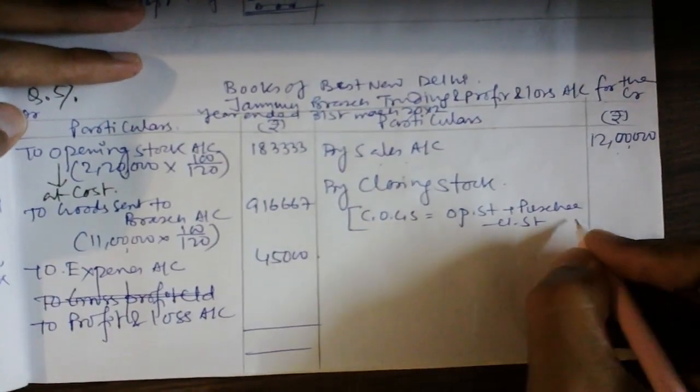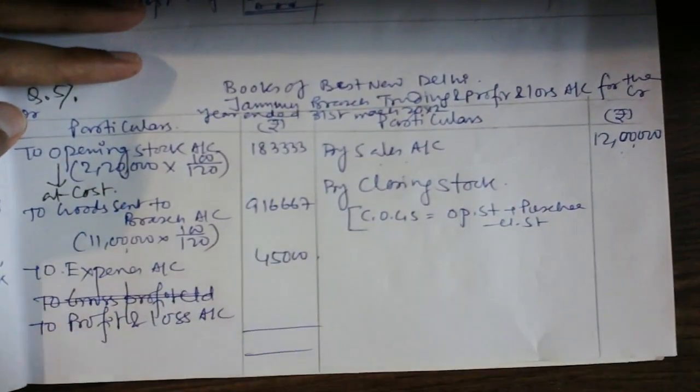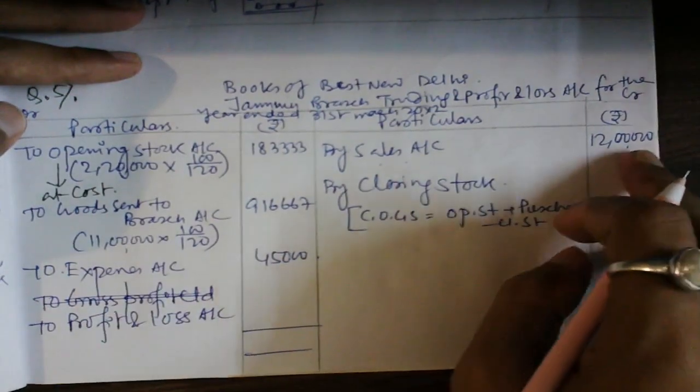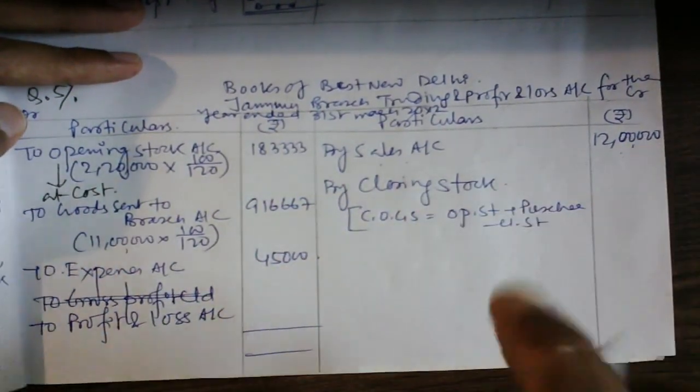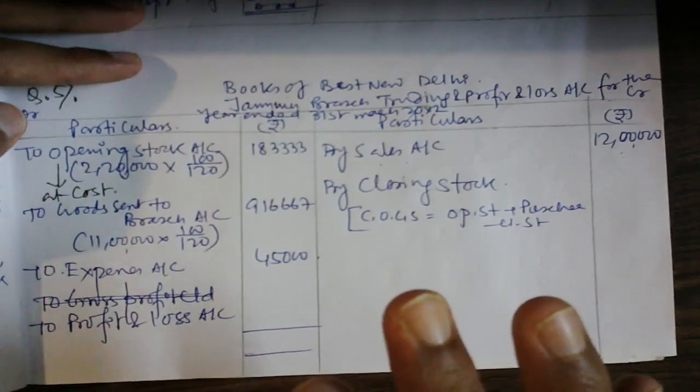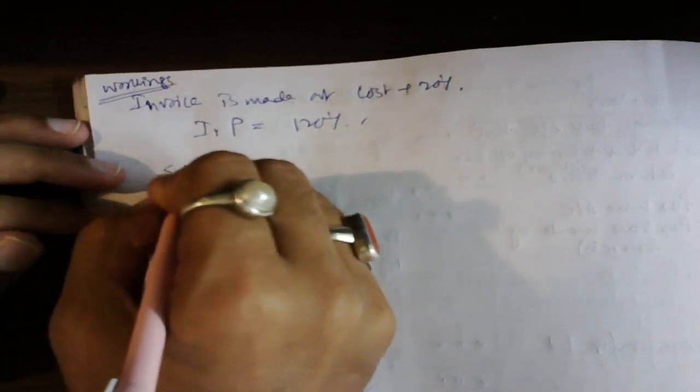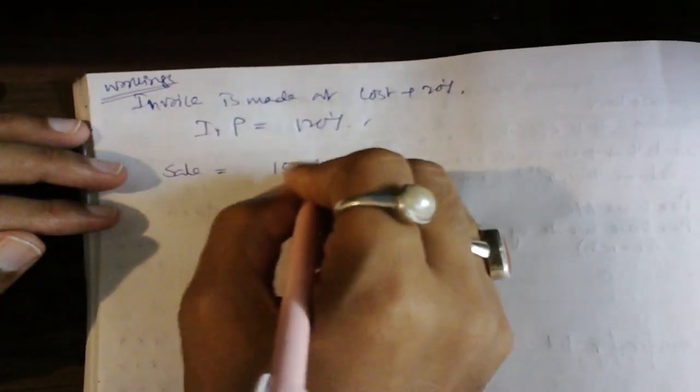You all know that. If I want to know my COGS, the best thing is that my sale is 12 lakh rupees and it is nothing but 150%. So I am just going to explain it so that it is more understandable. See guys, sale is 150%.